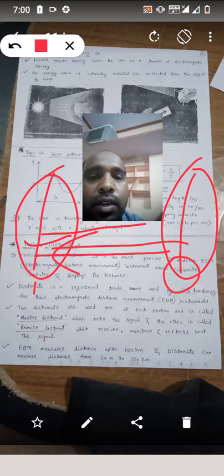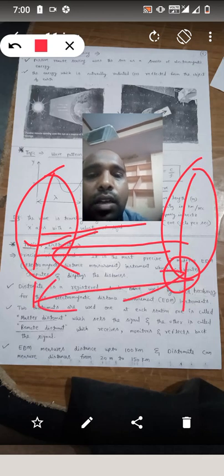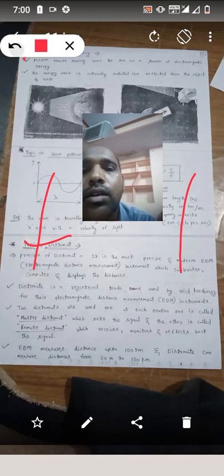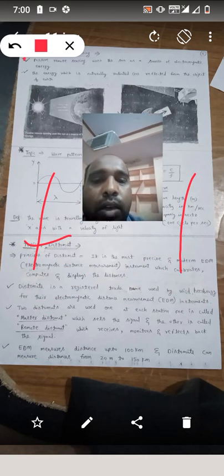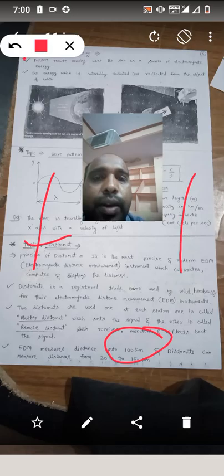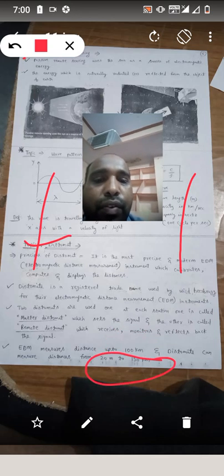In between the two stations we measure the distance. EDM measures distance up to 100 kilometers, but with distomat we measure 20 to 150 kilometers.